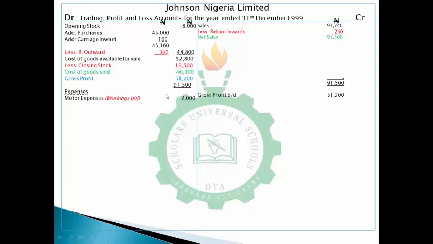But you should never give me 2,000 naira here without the instruction of where you have gotten that figure, because of course I'll be confused. I won't know how you got your figure. So you have to show that particular instruction. It's more or less like a reference.